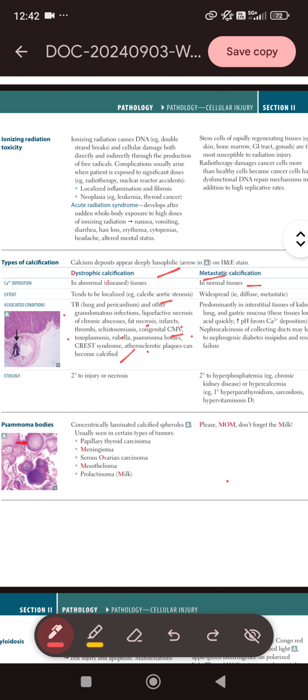The etiology is secondary to injury or necrosis. This is all about dystrophic calcification.